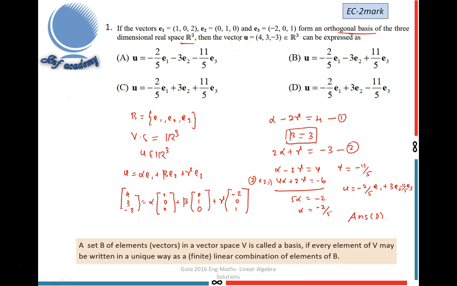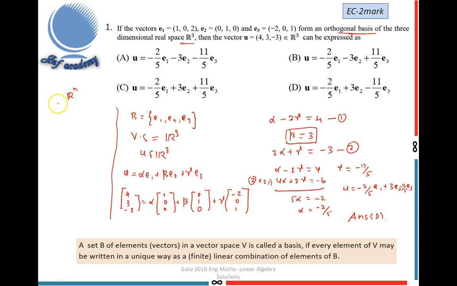I am going to explain another way. Here the basis is an orthogonal basis. So I write one formula. Suppose B is an orthogonal basis of R power n.